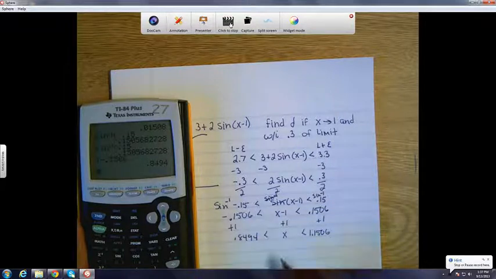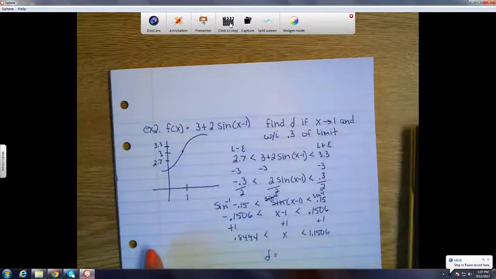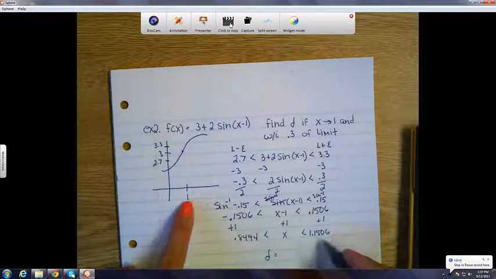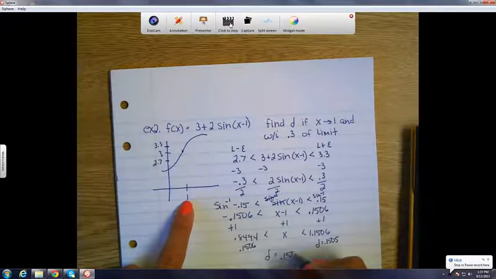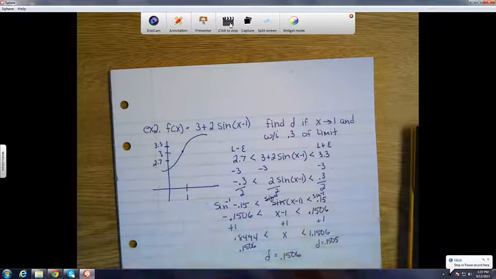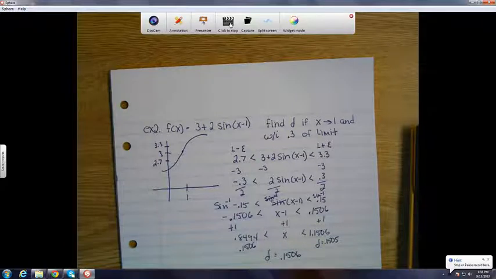And the delta then is the distance away from the x value of 1. So here the delta is 0.1506, and I believe this was symmetrical, so it doesn't matter. It's the same on both sides. So you should be able to calculate that delta algebraically and take yourself through it.